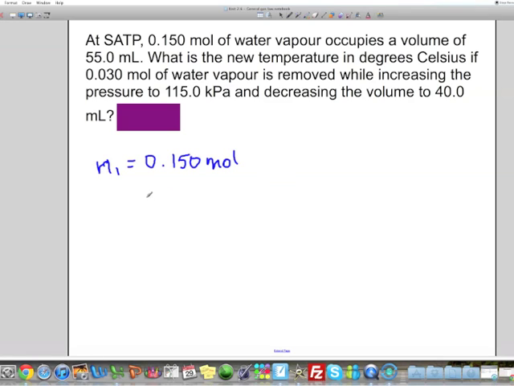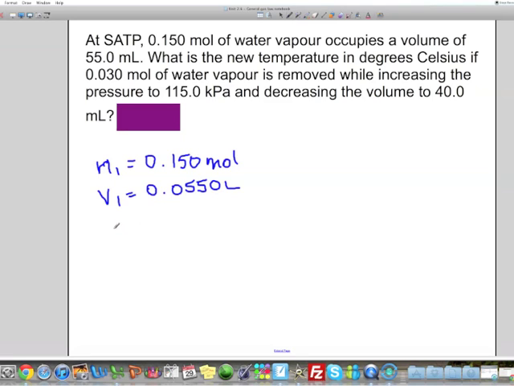A water vapor occupies a volume, so V1 is 55 milliliters. Now in this case, you have to put your volume in liters. So this becomes 0.0550 liters. Do not drop the zero because you have to take your significant figures into consideration.